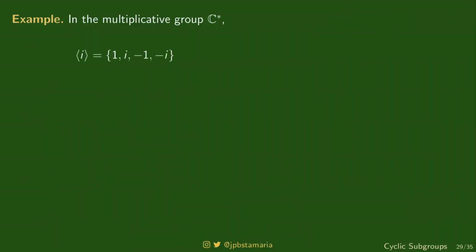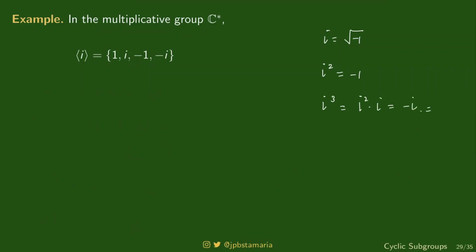If you look at the element i, the imaginary number i. Sometimes in algebra, it's written square root of negative 1, but I don't use this notation. Anyway, if you take the square of i, what do you get? Negative 1. If you take the cube of i, you get i squared times i, so that's negative i.